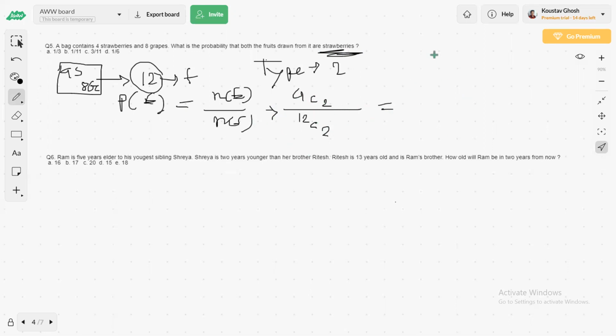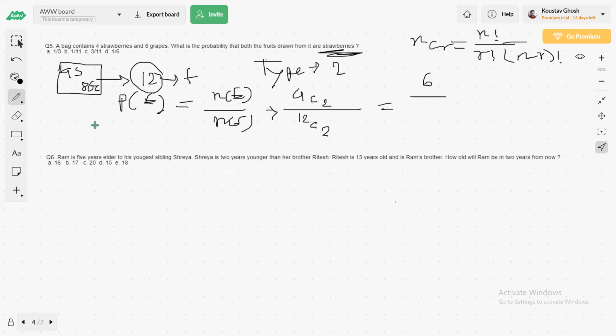We already know that nCr equals n factorial by r factorial into n minus r factorial. Okay, so 4C2 is 6.